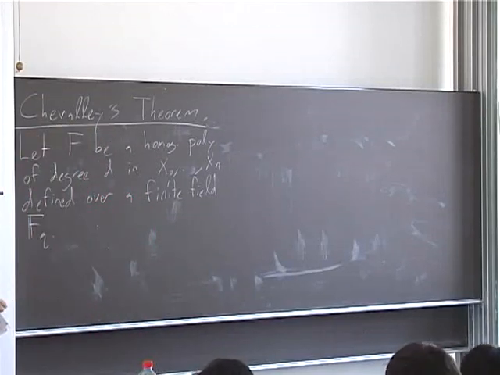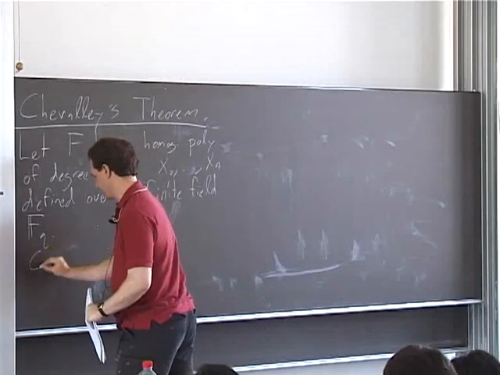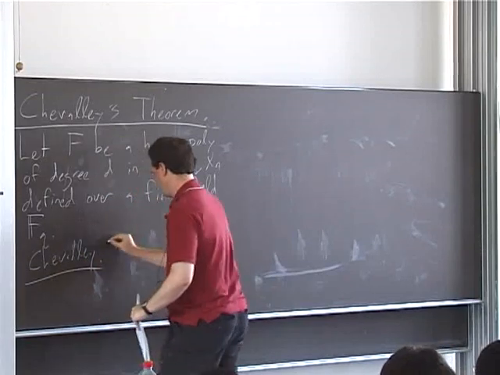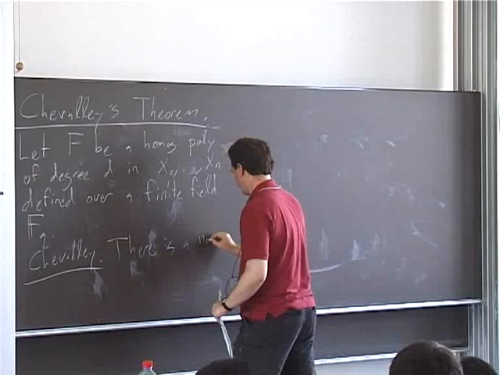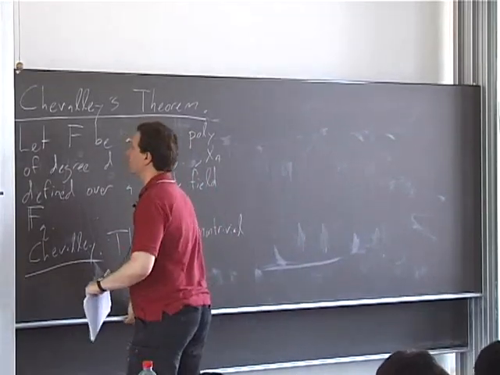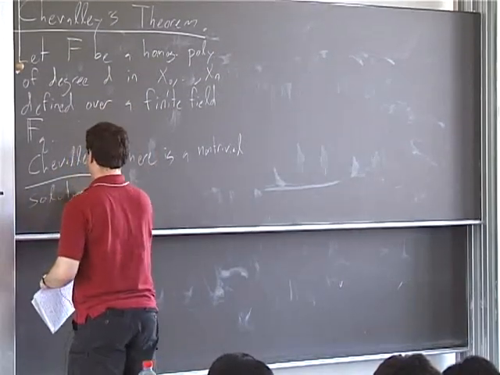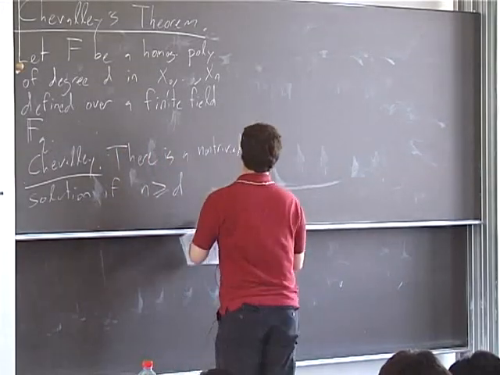Then what Chevalley proved is that there is always a non-trivial solution. There is a non-trivial solution as long as the number of variables is larger than or equal to the degree, if n is bigger than or equal to d.